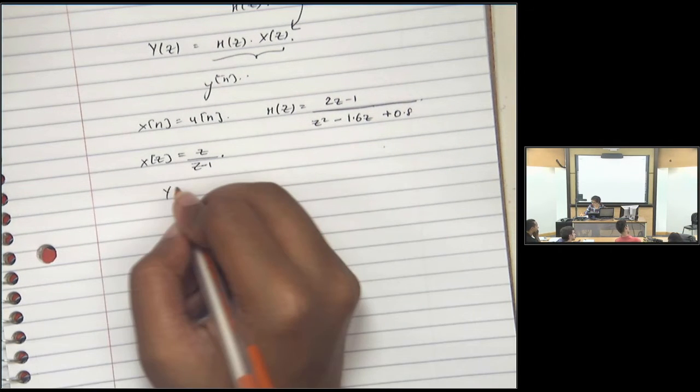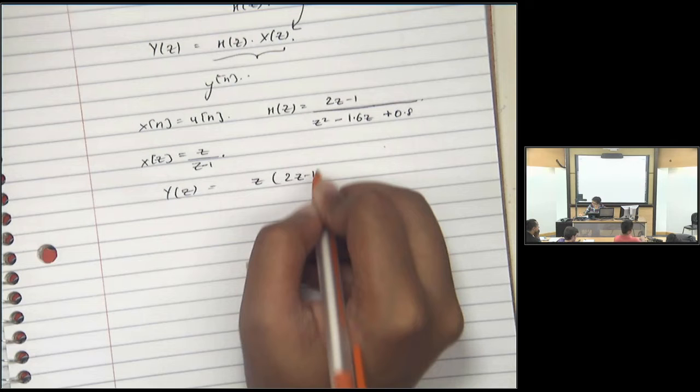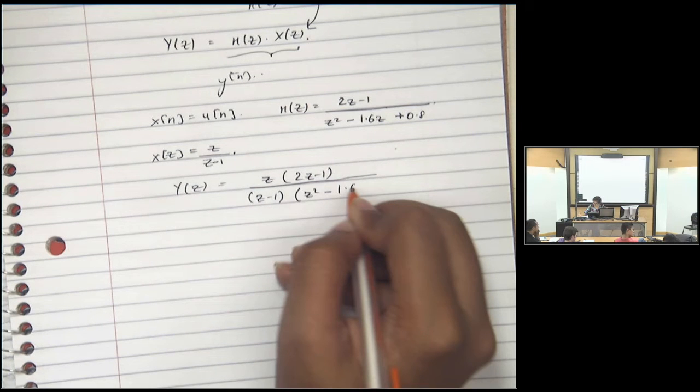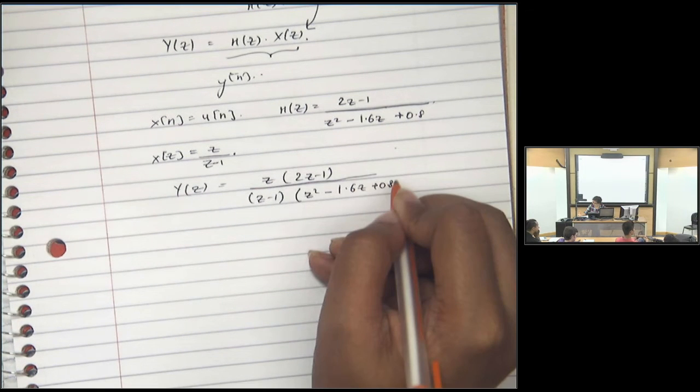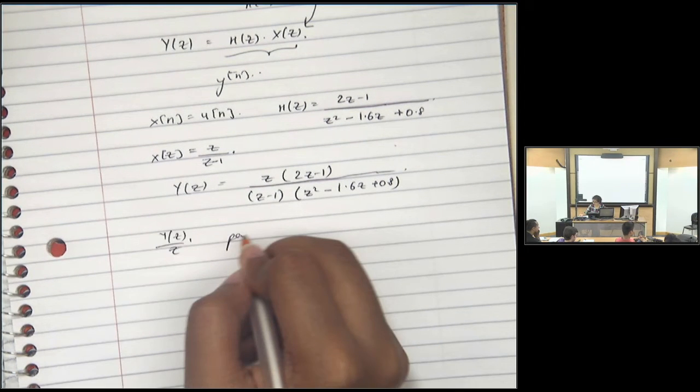Just multiply the two. We'll have Y(z), which is z times 2z minus 1 over z minus 1 times z squared minus 1.6z plus 0.8, right? Then we take Y(z) over z and do the partial fraction expansion.